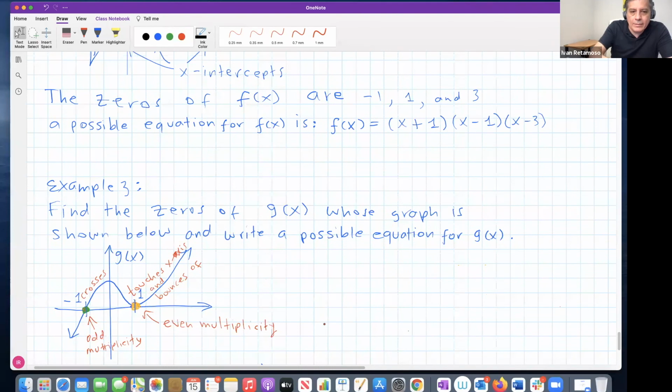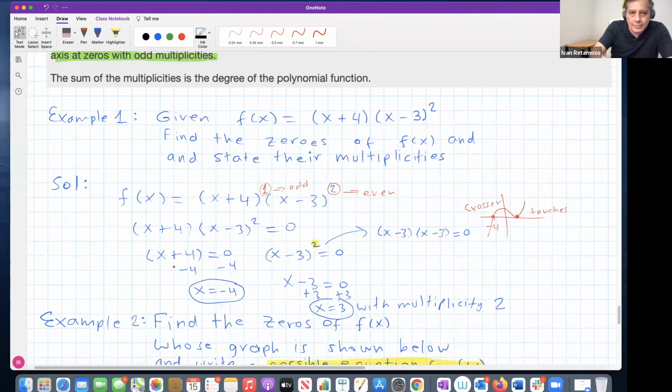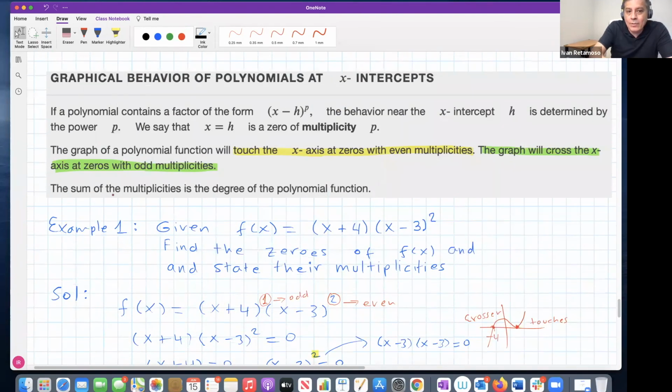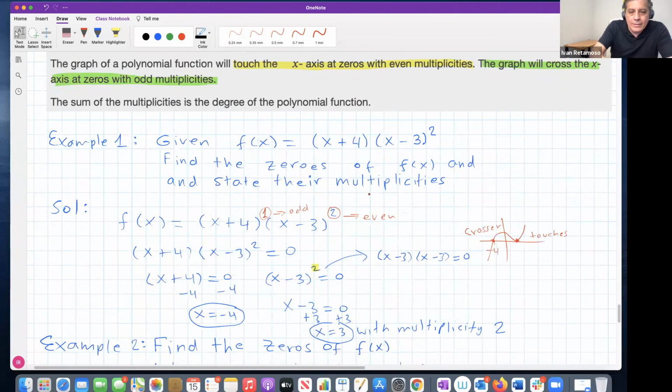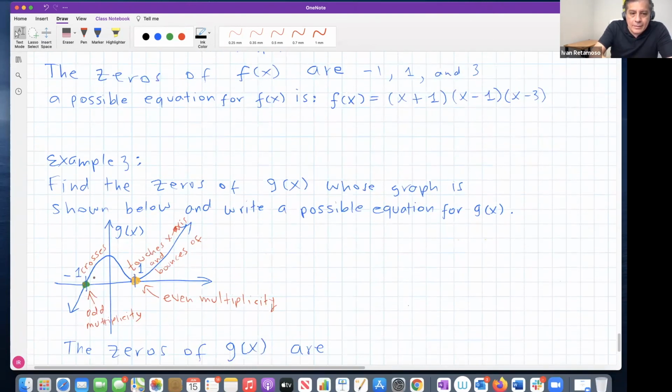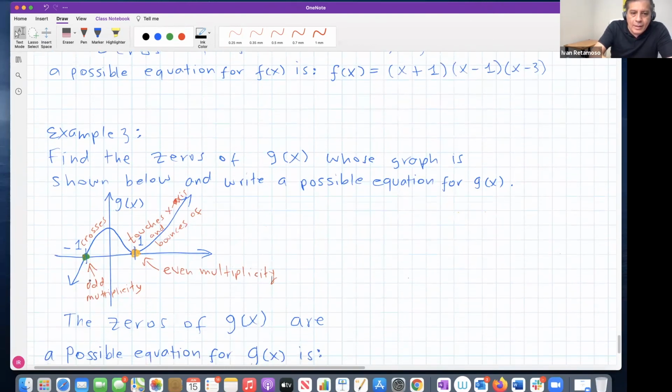Now, I want you to look at this fact here, the last one. The sum of the multiplicities is the degree of the polynomial function, okay? So here odd multiplicity, here even multiplicity, but we know that this is a chair-like function, right?